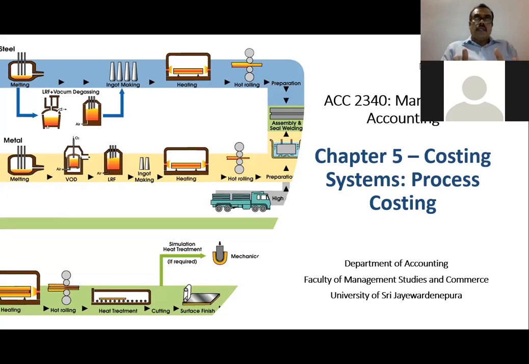Why has the name process costing been given? Because in any production, irrespective of the method in which we determine the cost, there is a process. If you take any kind of product, a good or service, both are products, there is a process.